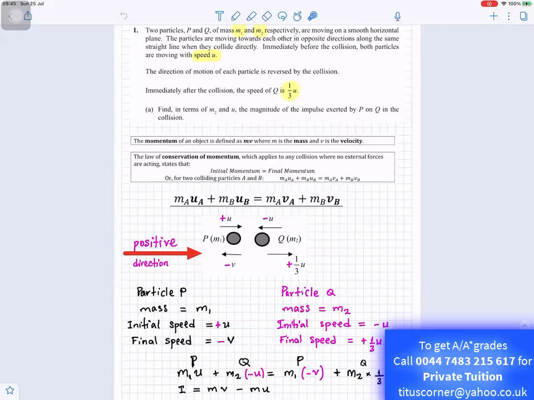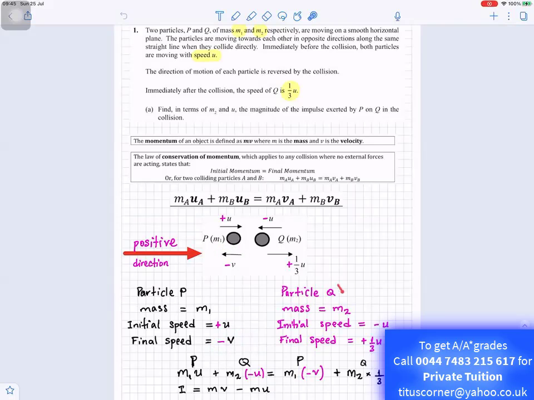Particle P, the mass is m1, is moving to the right with initial speed plus u. The final speed of particle P is minus v, because it's moving to the left after the collision.